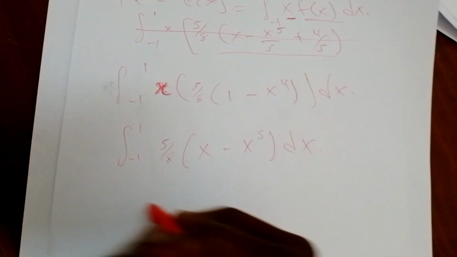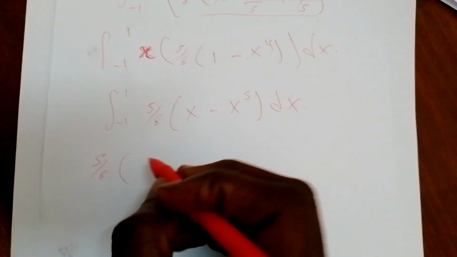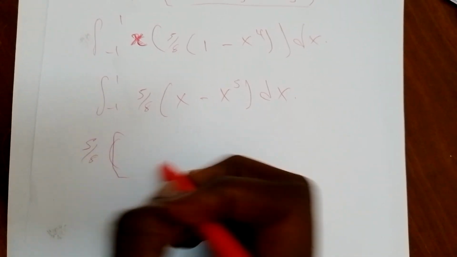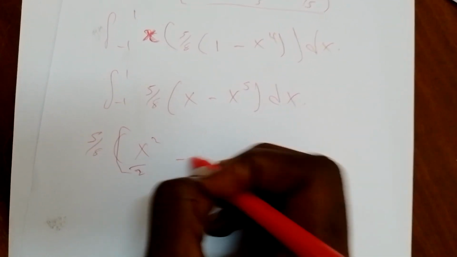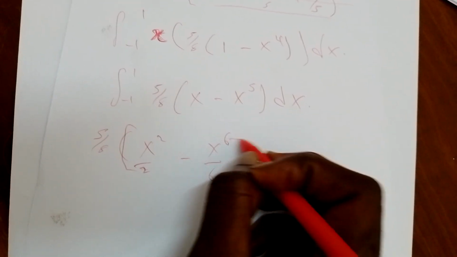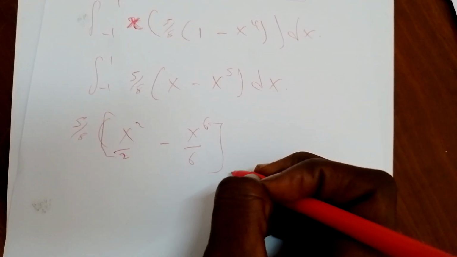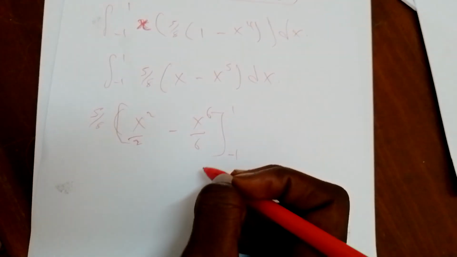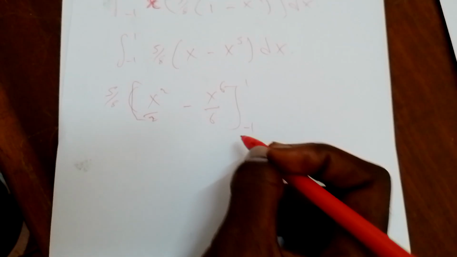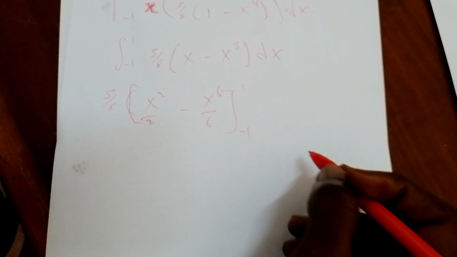Then we integrate this. If you integrate this, you get x squared on 2 minus x^6 on 6, evaluated between the limits minus 1 to 1. And with this, if you want, you can use your calculator.